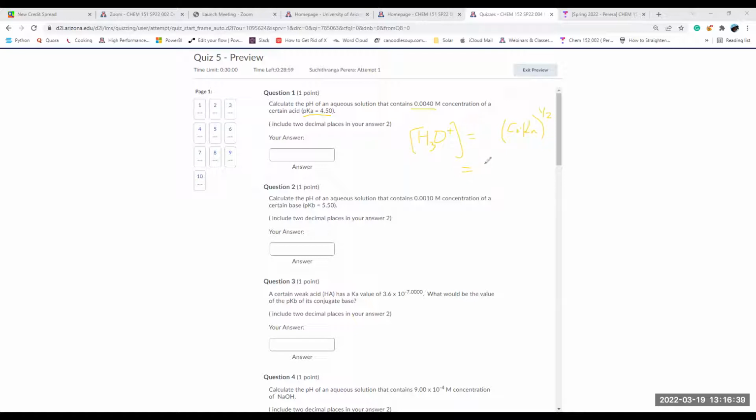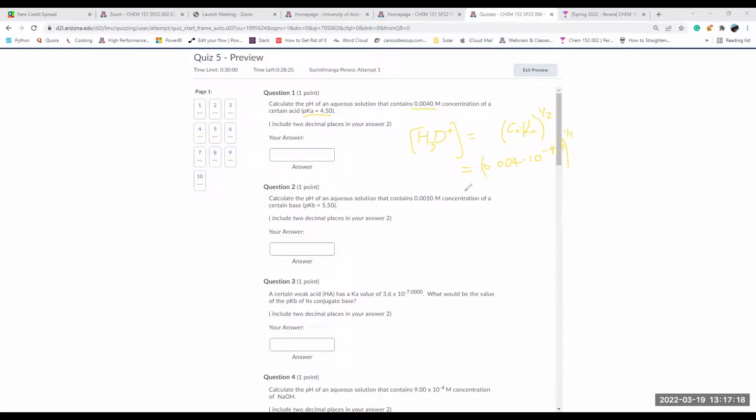C naught is 0.004, and Ka is 10 to the power of minus 4.5, because Ka is 10 to the power of minus pKa. Since the pKa is 4.5, the Ka must be 10 to the power of minus 4.5. Then we take the square root of this entire thing.